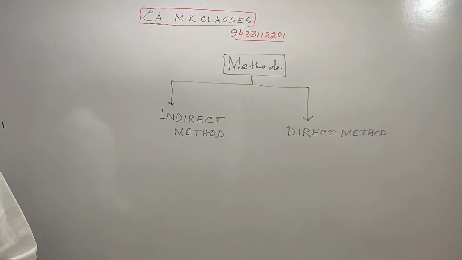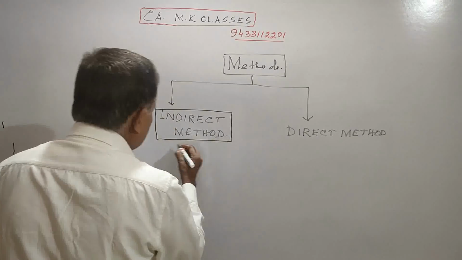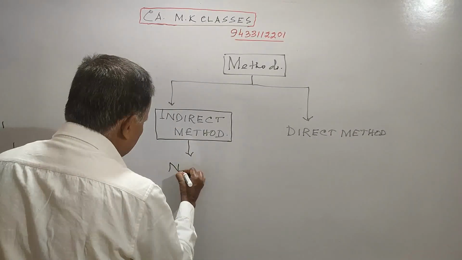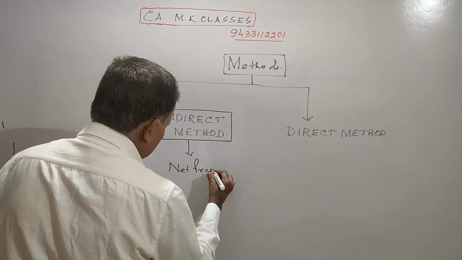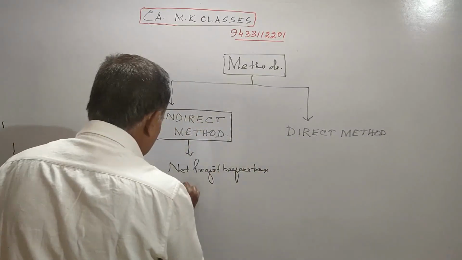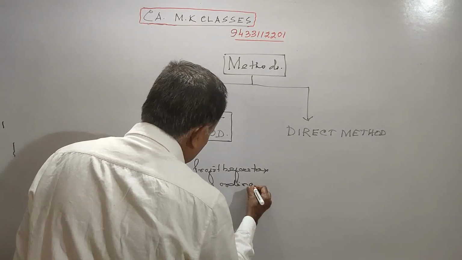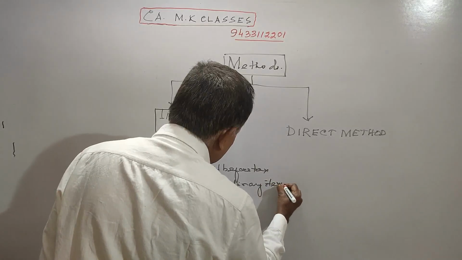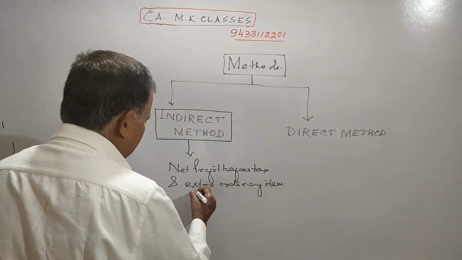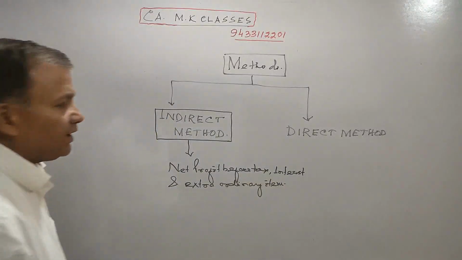This indirect method of cash flow starts from net profit before tax, interest and extraordinary item.